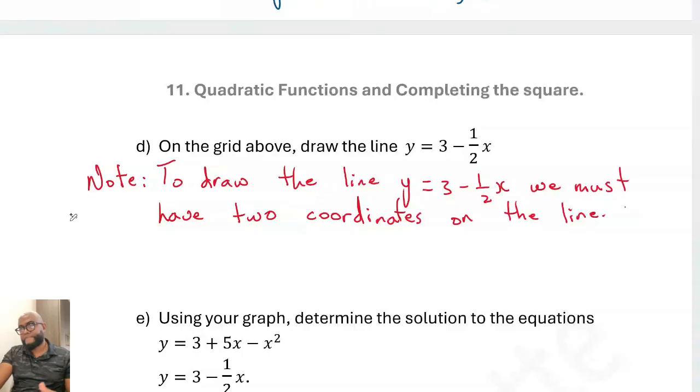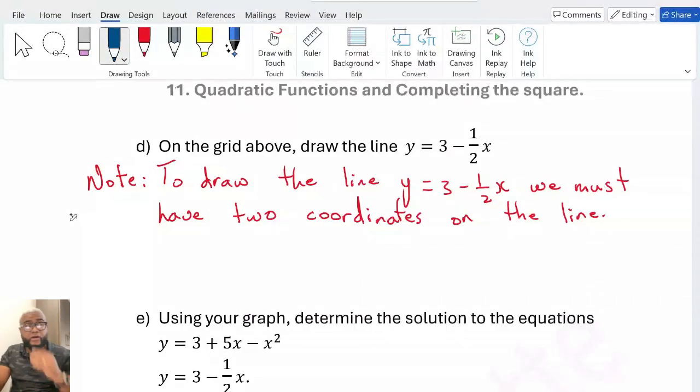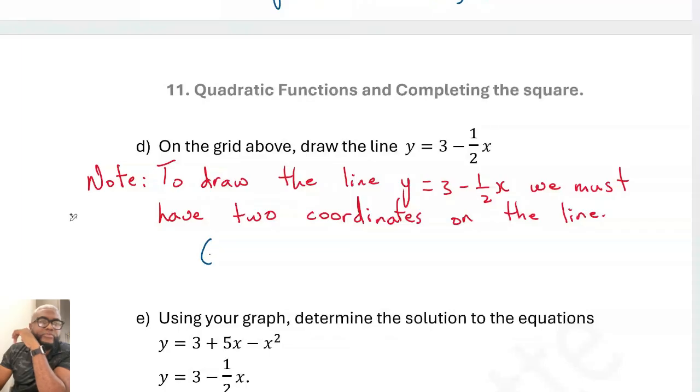And we just found two coordinates on the line. What were the coordinates of the point where the line cuts the x-axis? 6, 0. And the coordinates of the point where the line cuts the y-axis: 0, 3. So we're going to plug these 2 points.